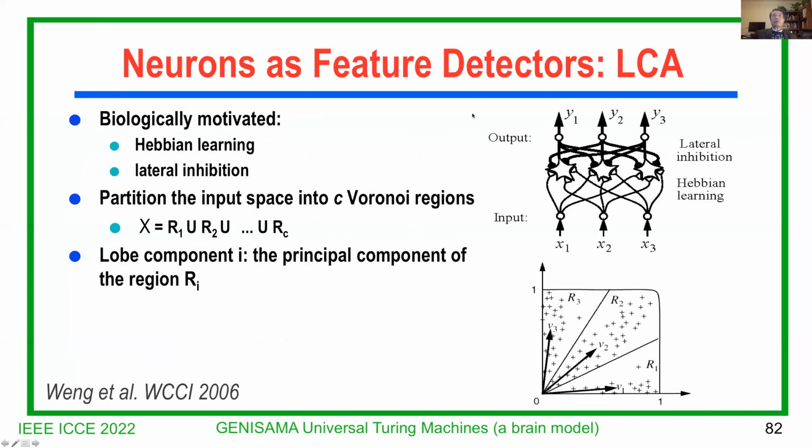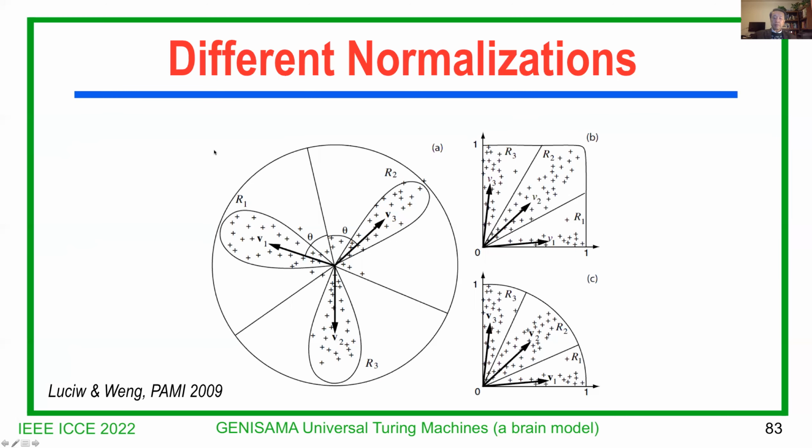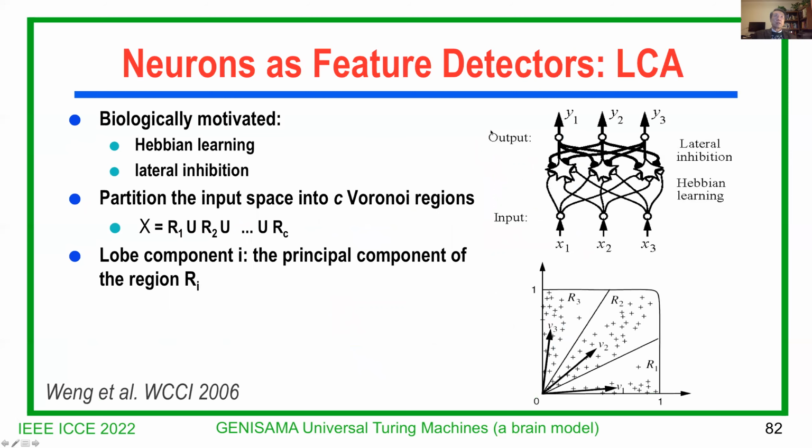So, the neuron as a feature detector in LCA. Suppose I have neurons that compete. Black means compete, hollow means learn. They have 3 pixels, for example, right? Then they have 3 neurons learning, and 3 here, and it is biologically motivated with Hebbian learning and uses lateral inhibition, and the 3 clusters will tessellate the input space into 3 regions, 3 neuronal regions.